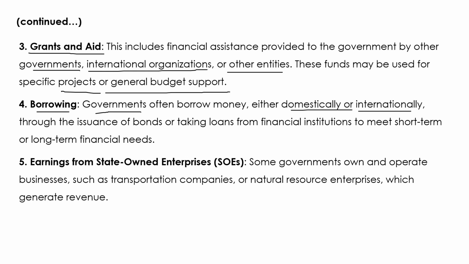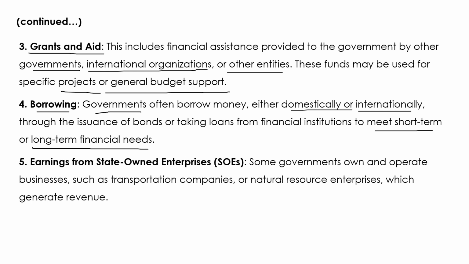So this also comes under the sources of government revenue, through the issuance of bonds or taking loans from financial institutions to meet short term or long term financial needs.